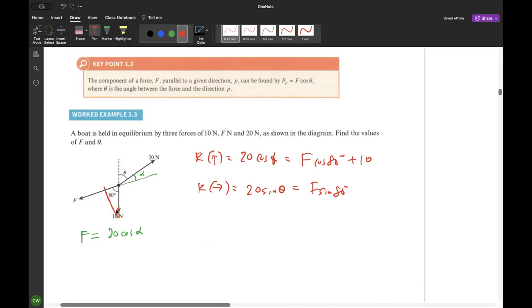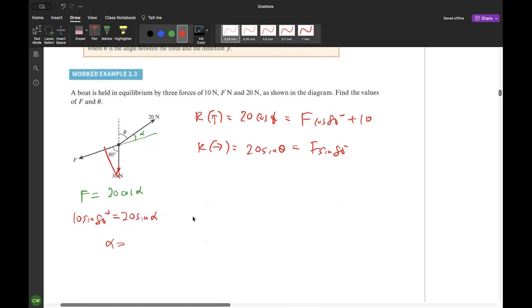So another one is 10 sin 80 will be 20 sin alpha. If you do it like that, you can find the alpha easily. So what is alpha? Arc sin of 10 times sin 80 divided by 20 will straight away give you the angle 29.5.